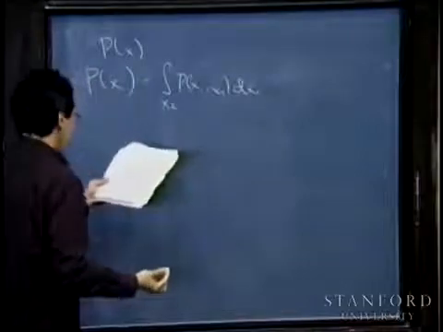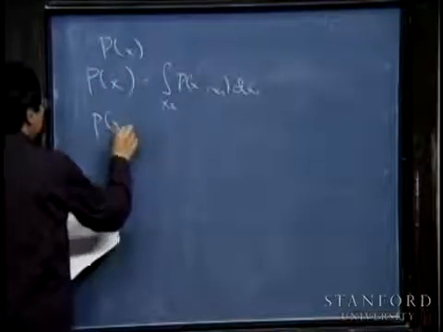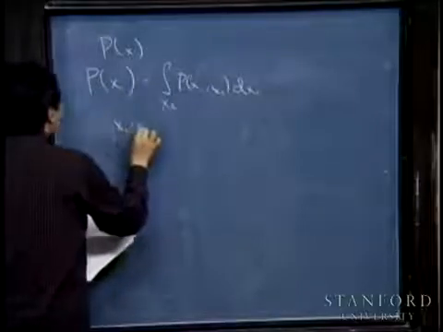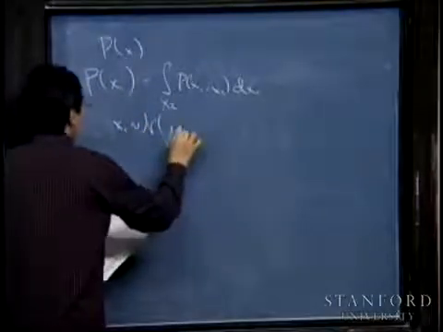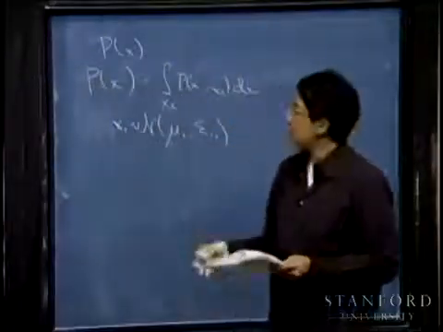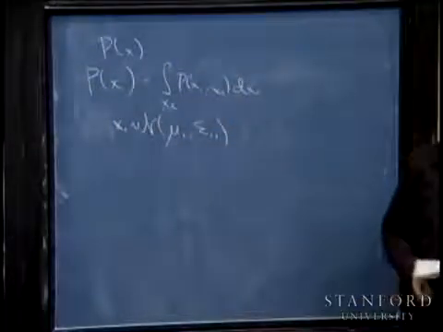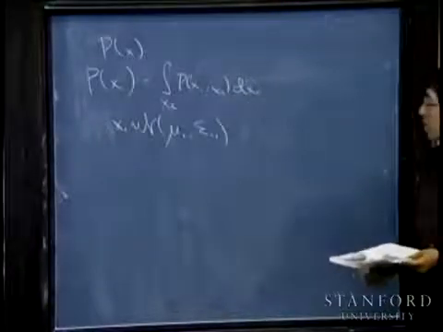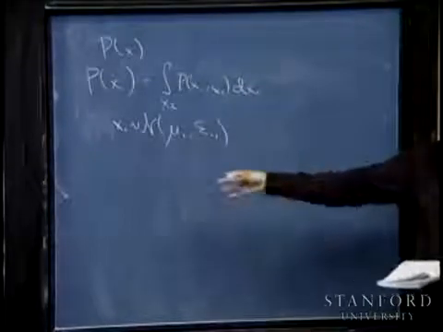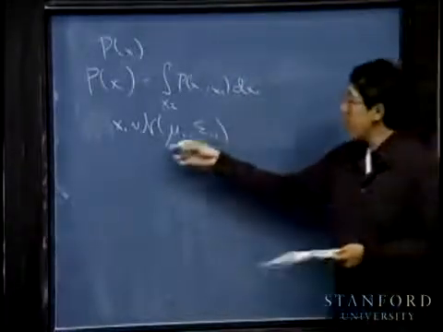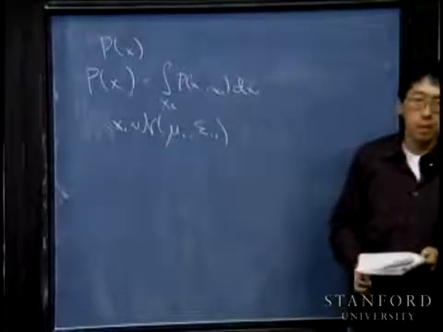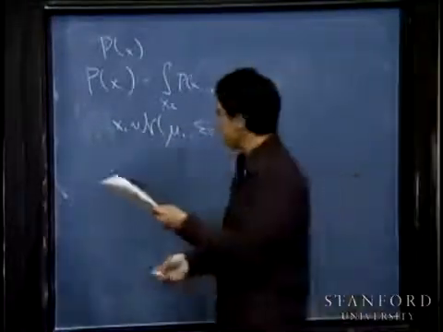And if you perform that computation, you find that p of x1 is Gaussian with mean mu1 and covariance sigma 1,1. So this is no surprise. The marginal distribution of a Gaussian is itself a Gaussian, and you just take out the relevant sub-blocks of the covariance matrix and the relevant sub-vector of the mean vector mu.